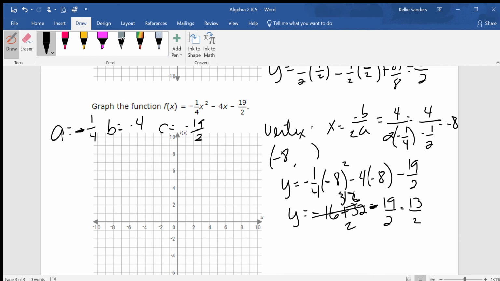Okay. So 13 over 2 is 6.5. So -8 and 6 and a little bit more.